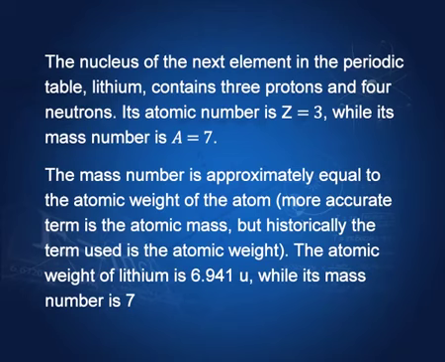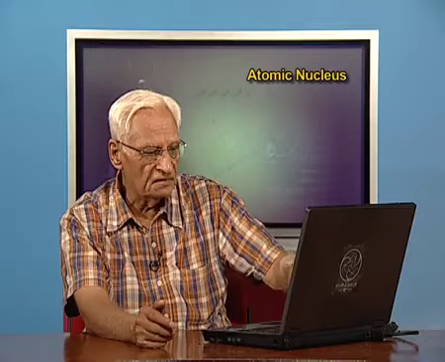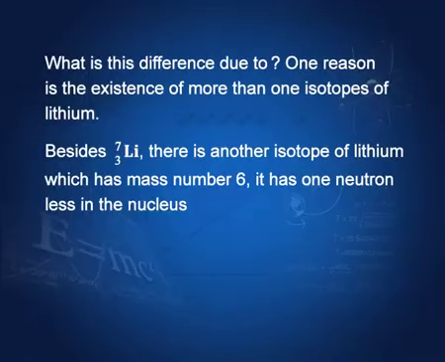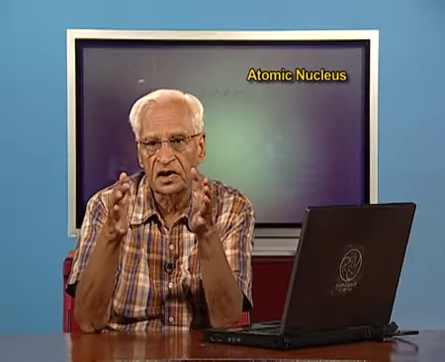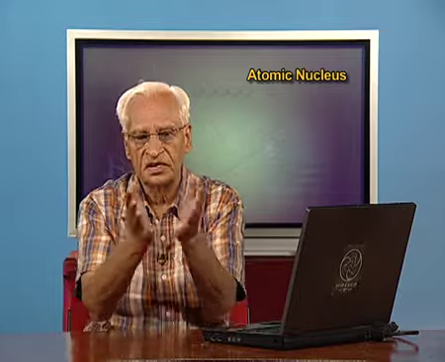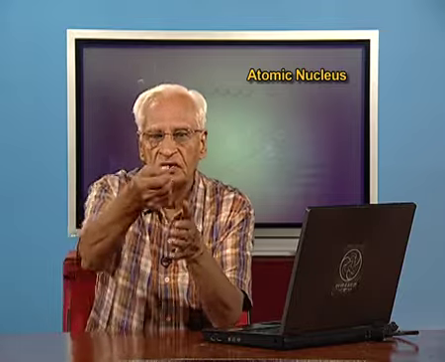The atomic weight of lithium is 6.941 U, while its mass number is 7. So, why don't we have 7 here? What is this difference due to? One reason is the existence of more than one isotope of lithium. We have already learnt what an isotope is. An isotope is a nucleus with a different mass number.